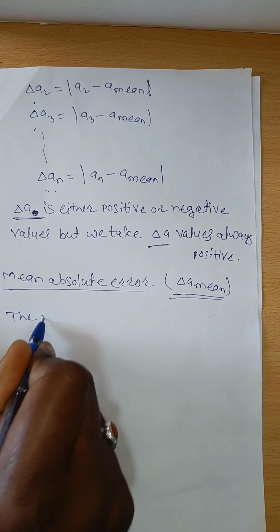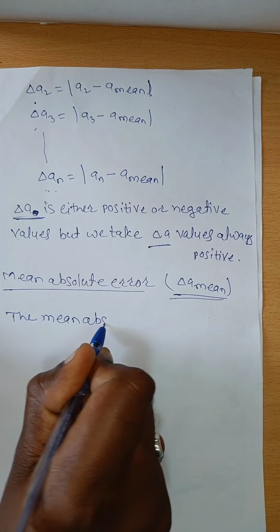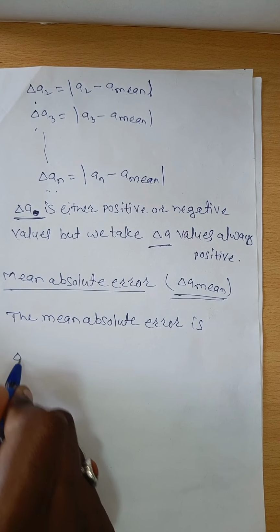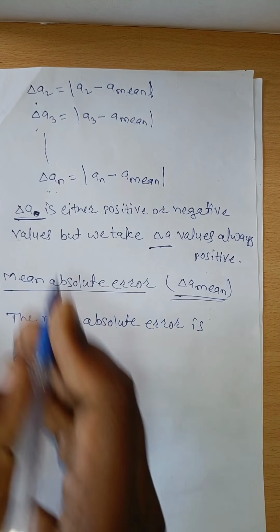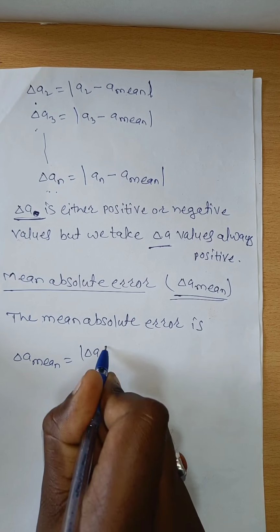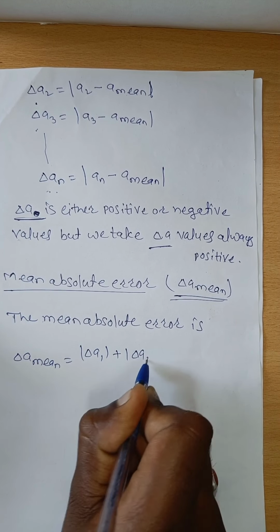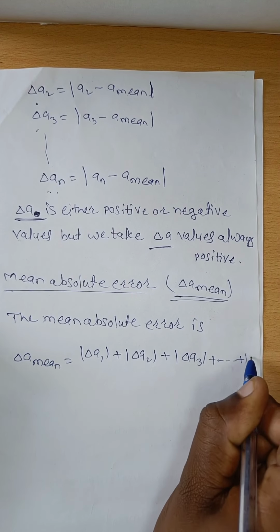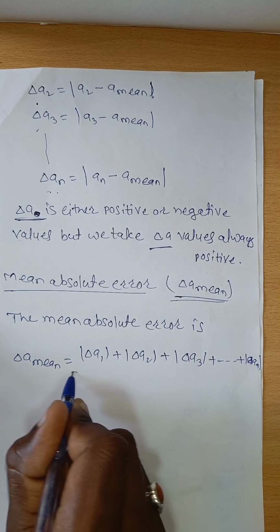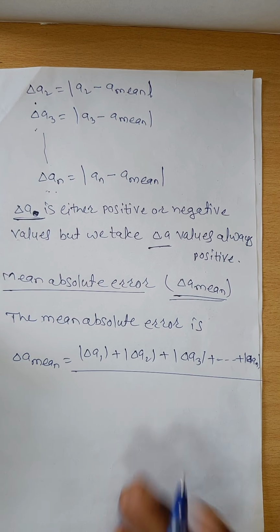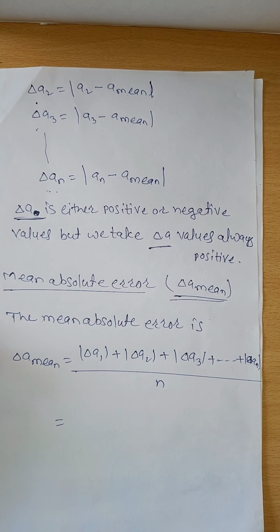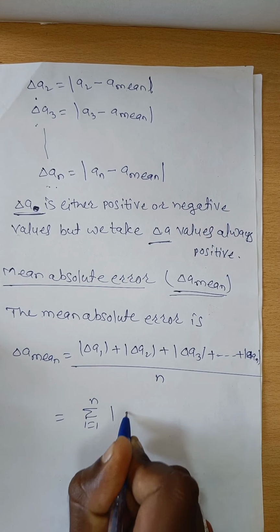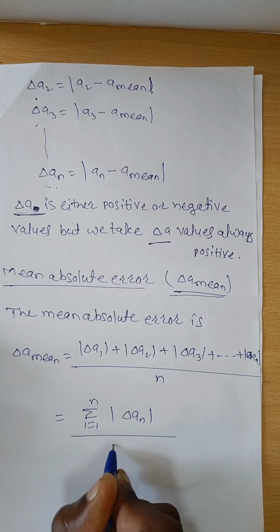The mean absolute error, delta A mean, is equal to mod delta A1 plus mod delta A2 plus mod delta A3 up to mod delta AN, divided by the number of measurements N. Therefore this is equal to the summation of i from 1 to n of mod delta A_i divided by n.